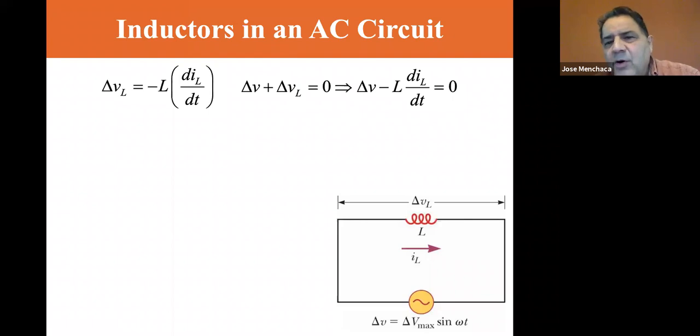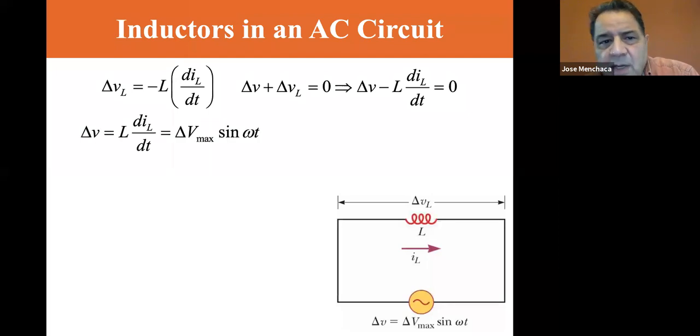Now we apply Kirchhoff's law: delta V plus delta VL, well, delta VL is equal to minus L dIL/dt, has to equal 0 by Kirchhoff's rules. So just solving the equation for delta V, delta V is equal to L dIL/dt, which is equal to delta V max sine omega t.